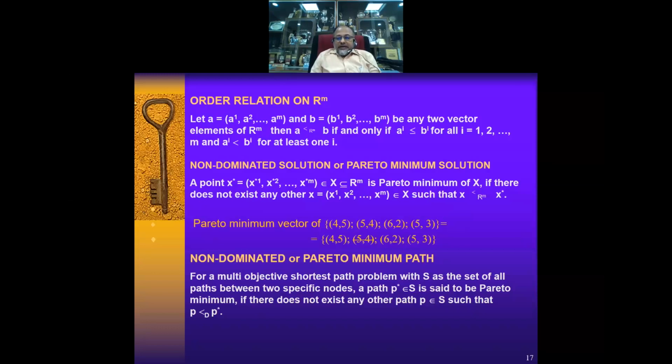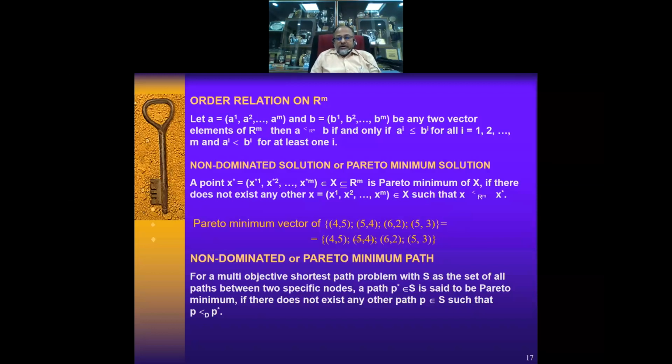That means in the sense of minimization, (5,4) is dominated by (5,3). Therefore, I will exclude (5,4) from the set of Pareto minimum vectors, because there exists a vector (5,3) which dominates (5,4). Therefore, I include (5,3) in the set of Pareto minimum vectors.